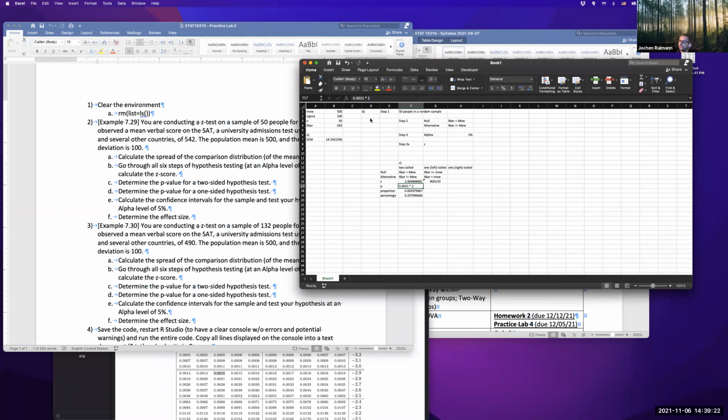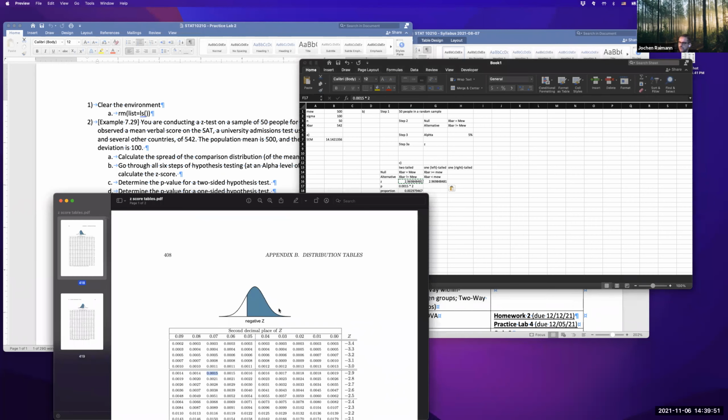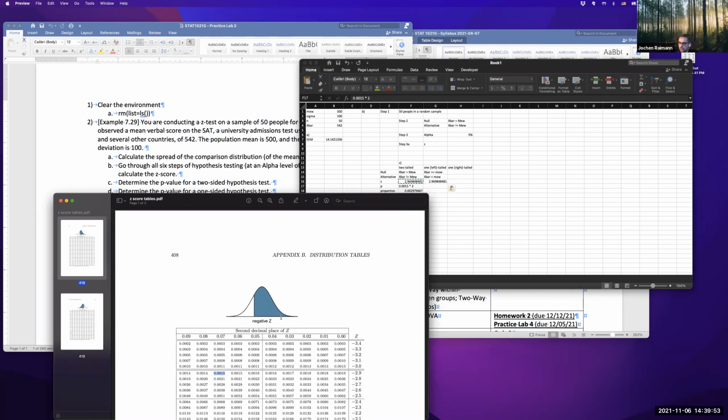Now we have to approach this differently because now we're calculating as if it was smaller. So this means the research hypothesis is taking everything below, which means now we're not doing the 1 minus the P, because now we're only taking this assumption.